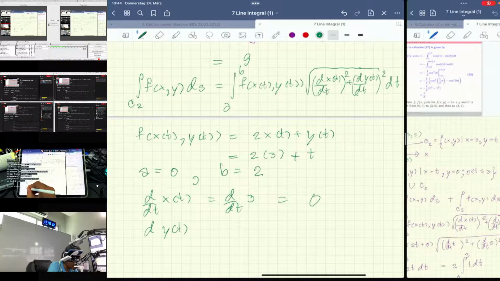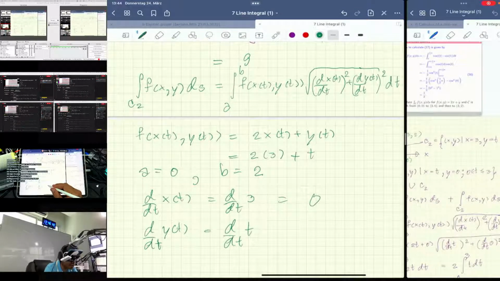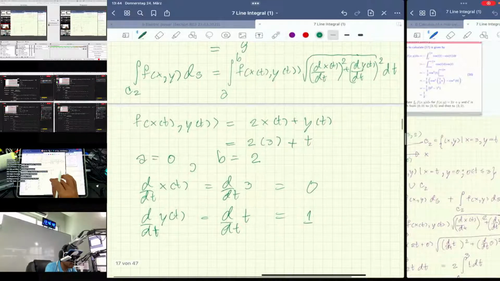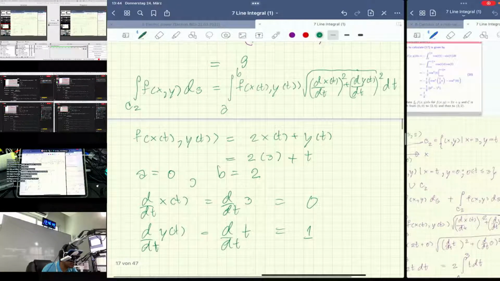dy(t)/dt will be d/dt of variable t, because y is t here. Of course, it's going to be number 1, right? So we substitute everything into this expression.